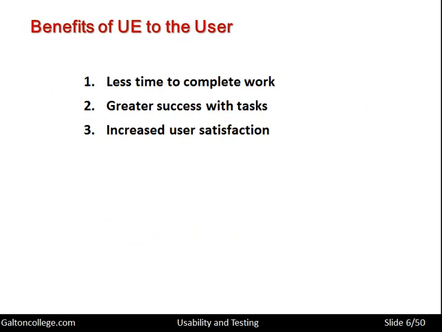Now for the user, usability engineering takes less time to complete the work, and there's greater success with tasks and greater user satisfaction. So there are many benefits from usability engineering, trying to get it right the first time.